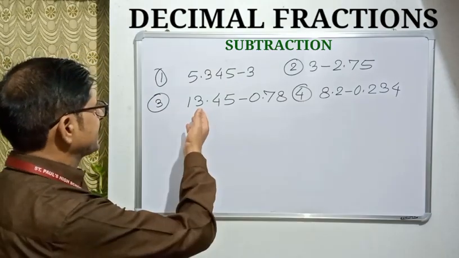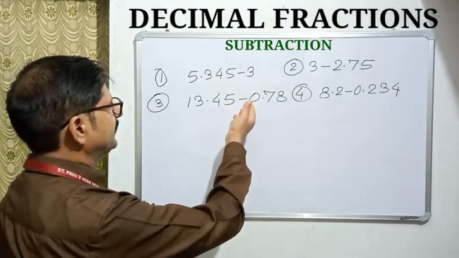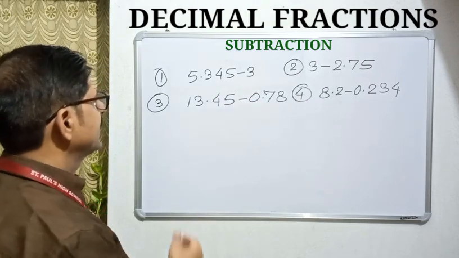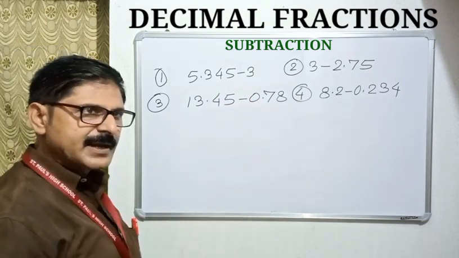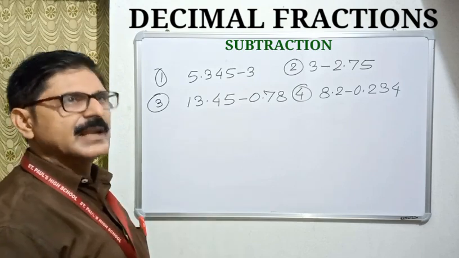In the third question, 13.45 minus 0.78, the minuend and the subtrahend, both of them are like decimals.